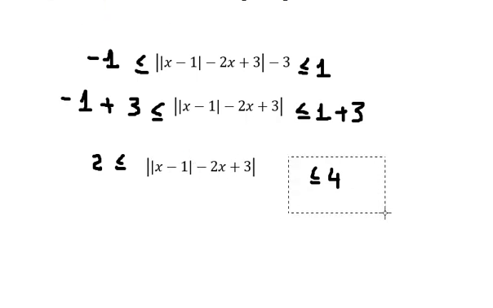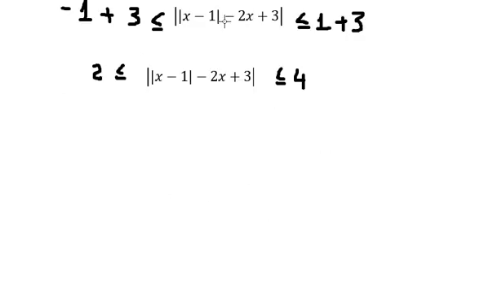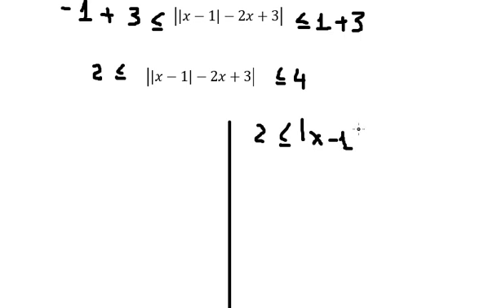Now in this one, when we cancel the absolute value in here, we have two scenarios. That is about the first one, that is for the positive in here. And the second one, that is for the negative.